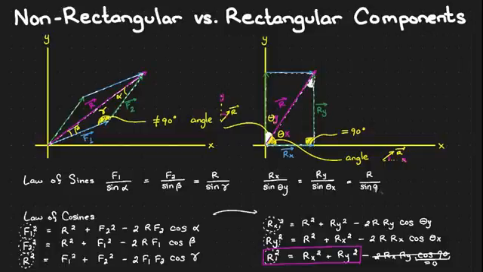In a right triangle, that's always 90 degrees, and sine 90 is equal to 1. So therefore, this third term is just r over 1, which is equal to r.